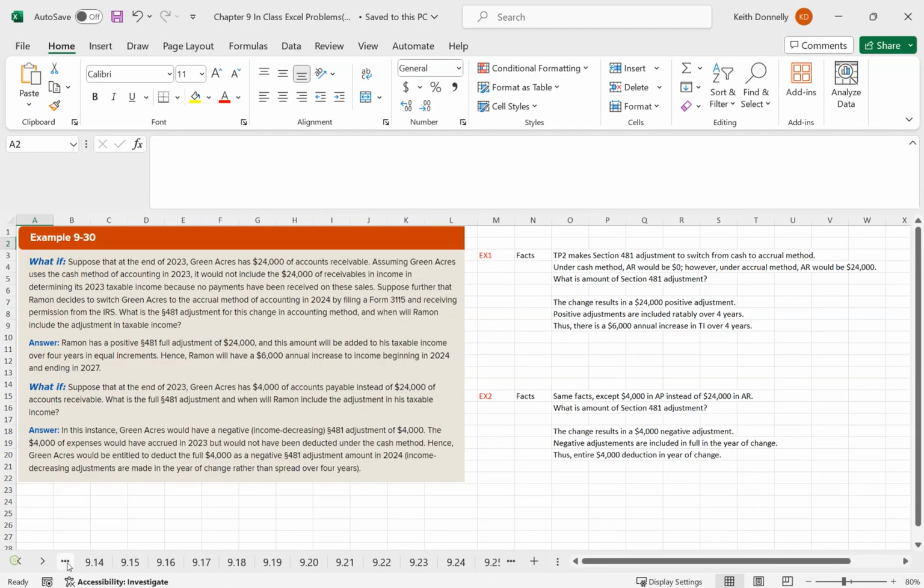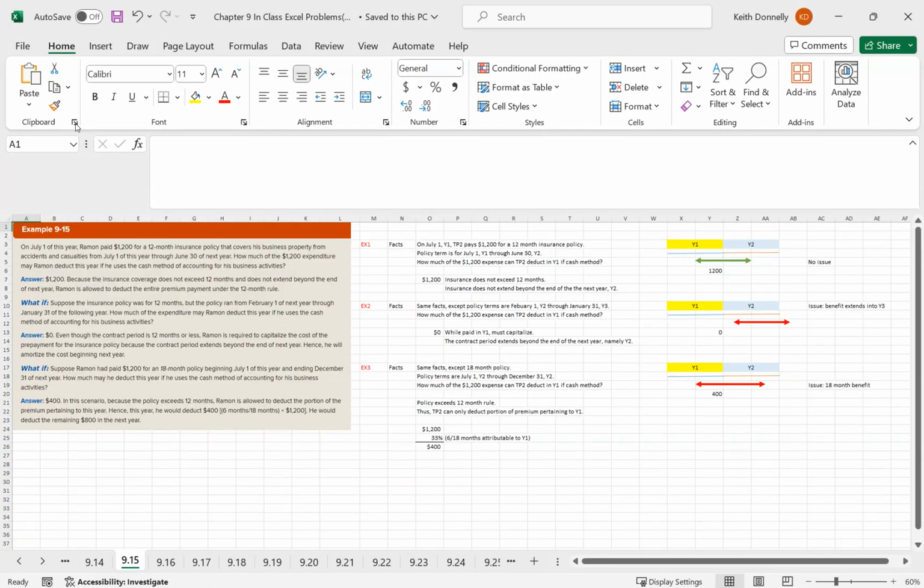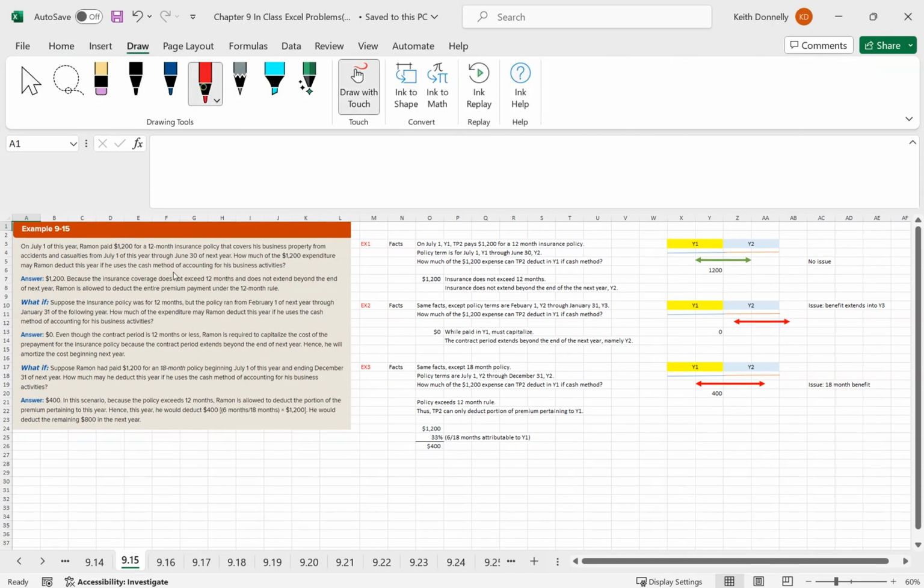Let me back this up to 915. We're talking about the level set here, a cash basis taxpayer. And we're looking at expenses. We said generally you're going to have an expense whenever you pay the cash.